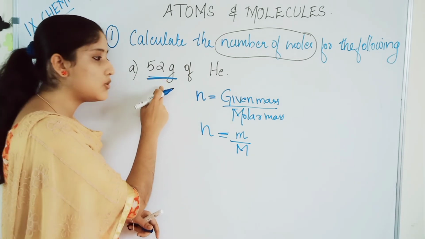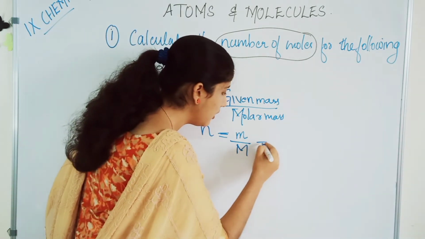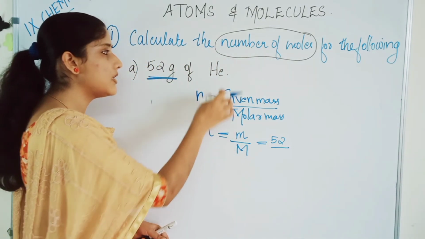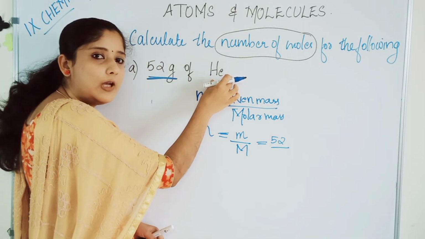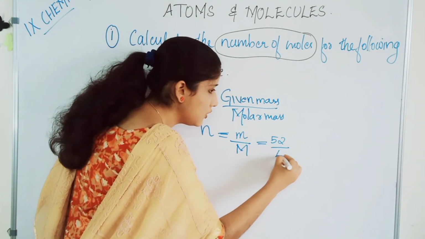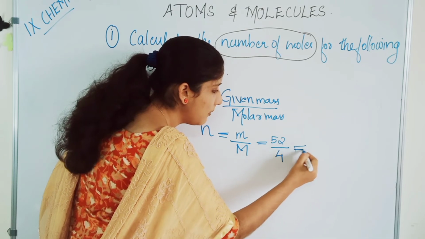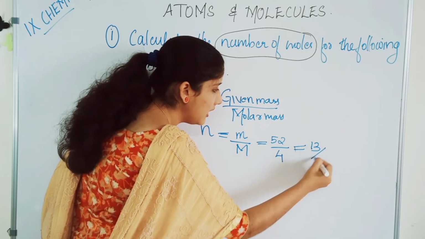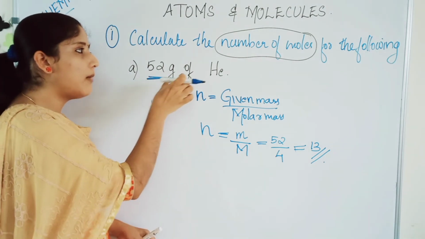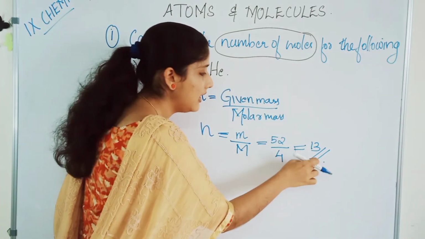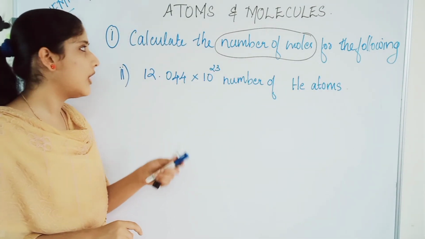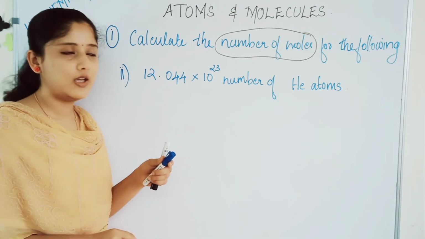It is 52 gram. So 52 divided by molar mass of helium. Atomic mass of helium is 4. So 52 by 4 and you will obtain number of moles as 13. So number of moles in 52 gram of helium is 13. Clear?